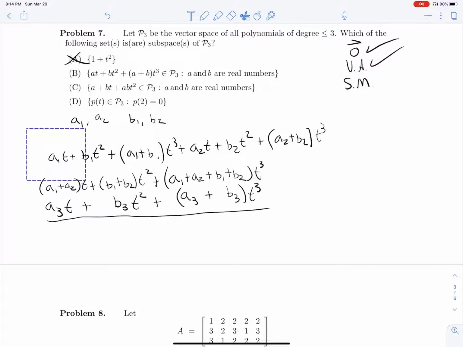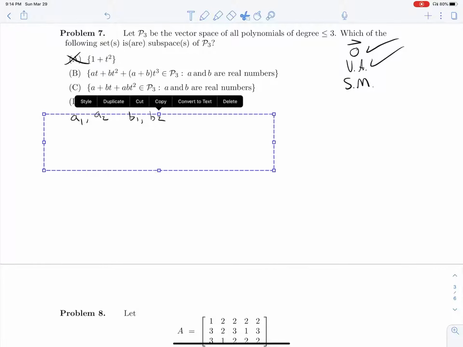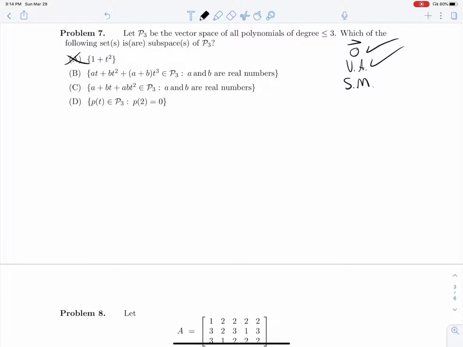And finally, scalar multiplication is a little bit of the same. Let's choose some C, which is a real number, and multiply our polynomial At plus Bt squared plus A plus B t cubed.